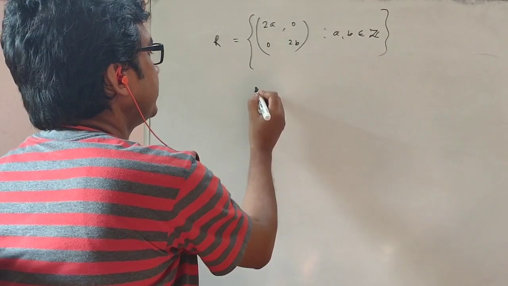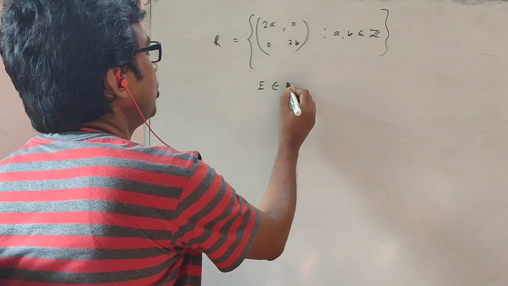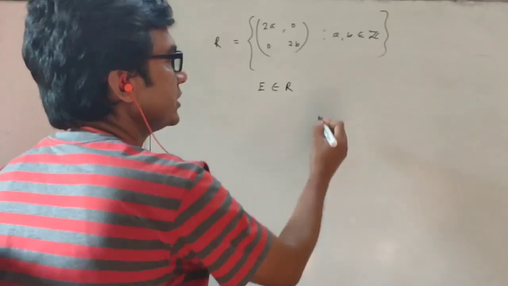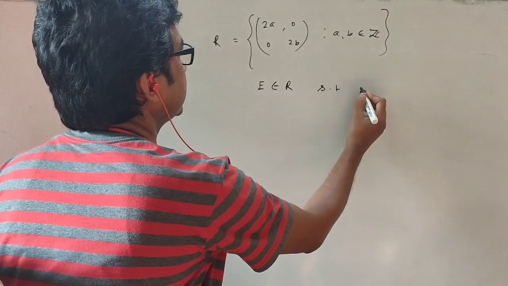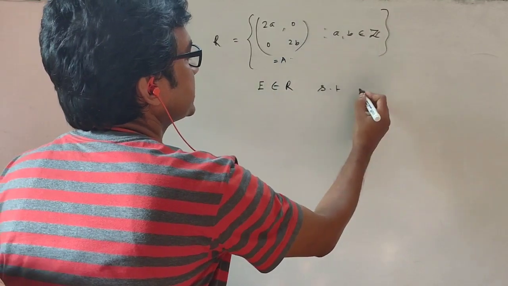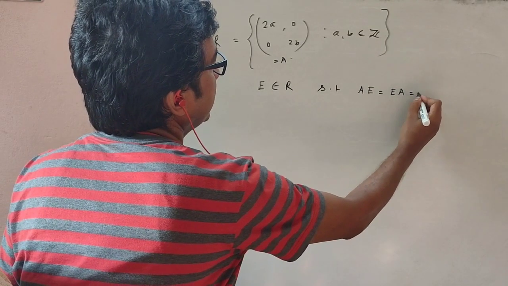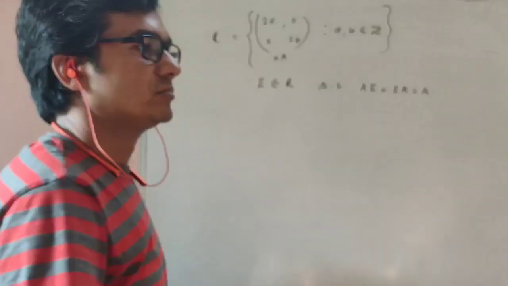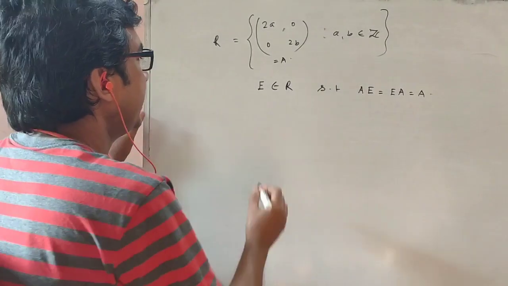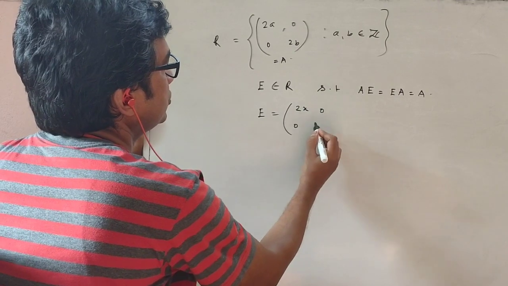Suppose E belongs to R such that, for A, A·E equals E·A equals A. Let E equal 2x, 0, 0, 2y.